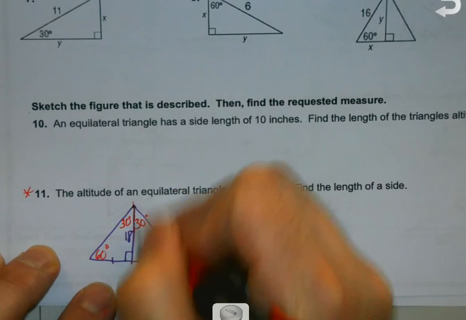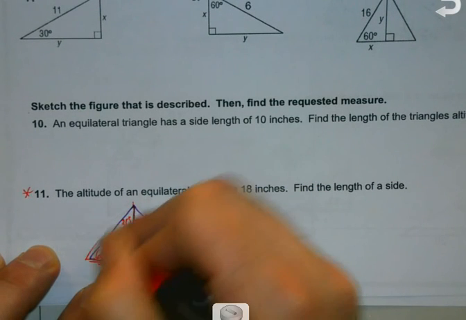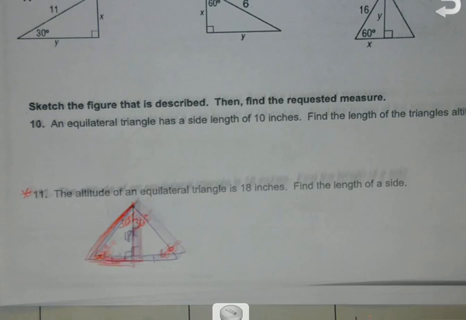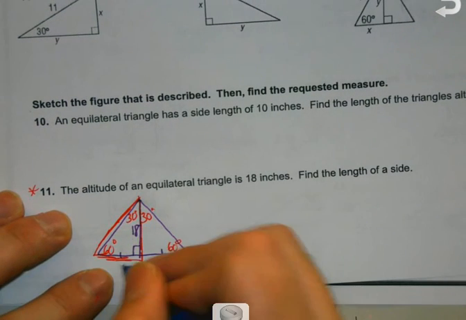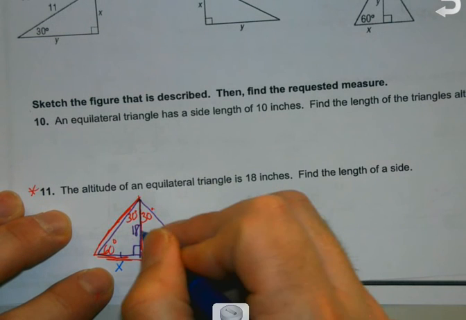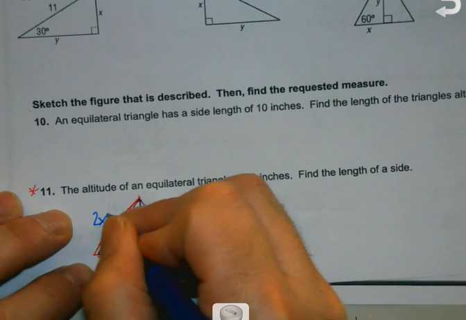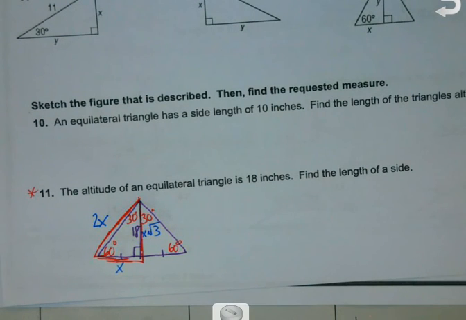And now I have a triangle that I can work with to find my values. So I look at this and I go, okay, 30, 60, 90. Got this. Short side, long side, hypotenuse. I'm going to label them until I've got them in my brain.